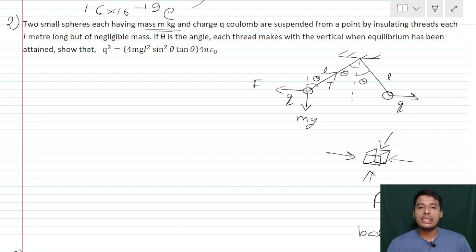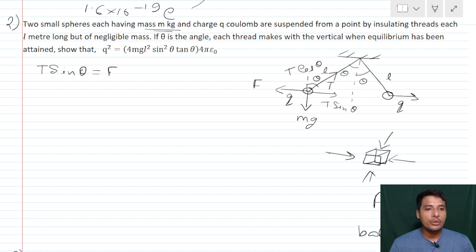If this is a tension T along the thread, then according to vector components, this is T cos theta, and this component will be T sin theta. Similarly, from the equilibrium or balance condition, we can write that T sin theta equals the repulsive force between two charges, and T cos theta equals mg.